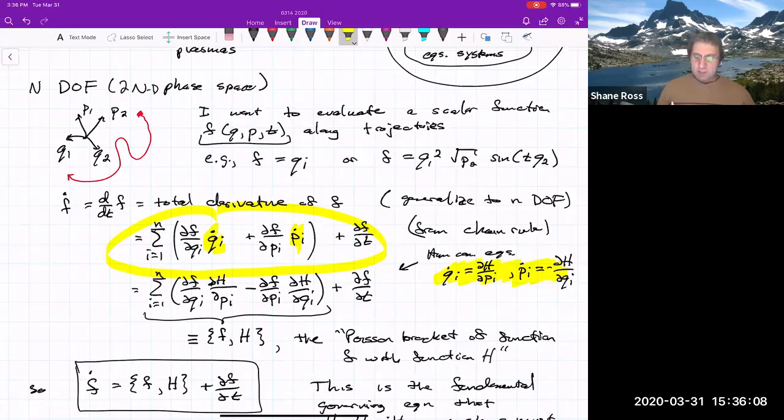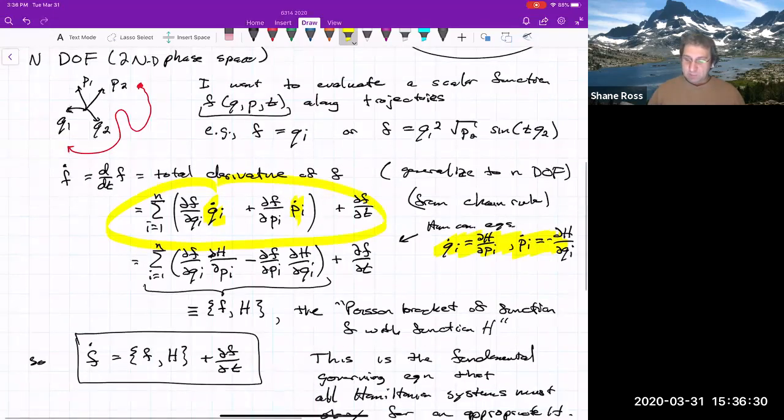Then we get this summation over partial derivatives that is kind of interesting, and we define it as the Poisson bracket of f with h. Both f and h are just scalar functions of the phase space coordinates. So we've defined this thing.